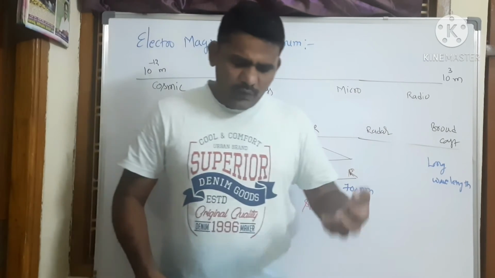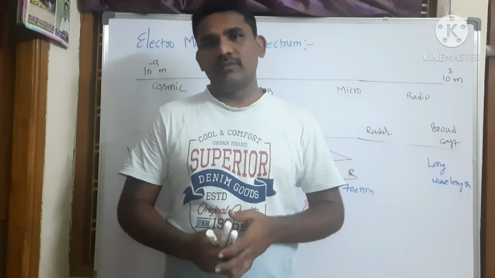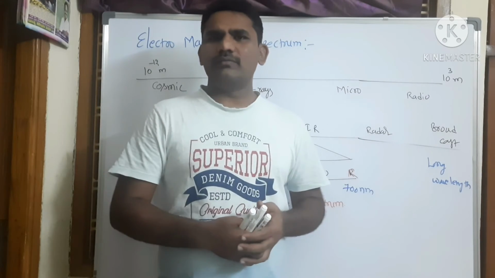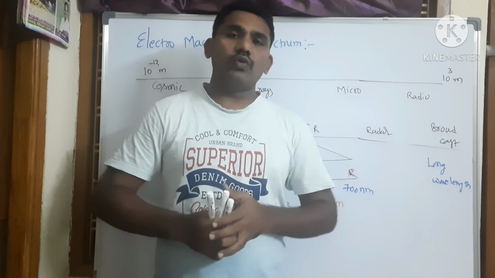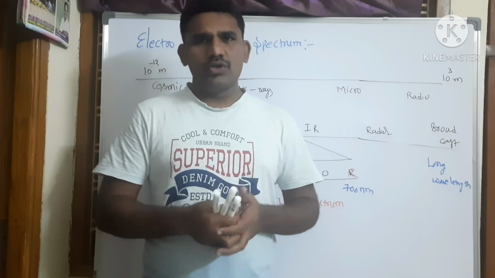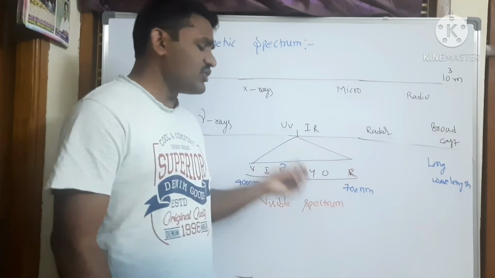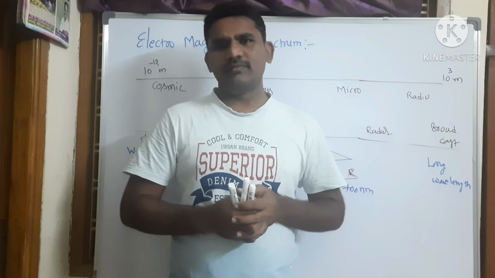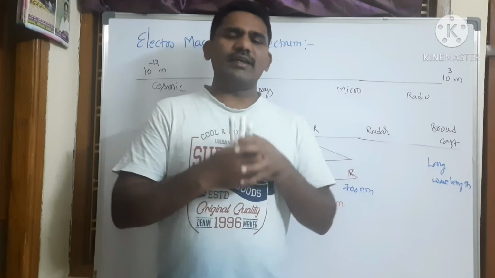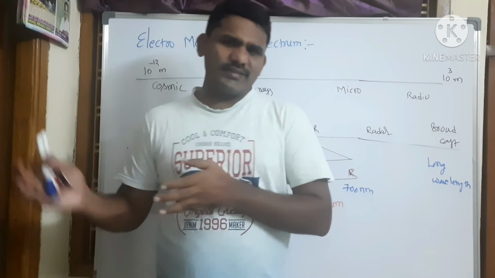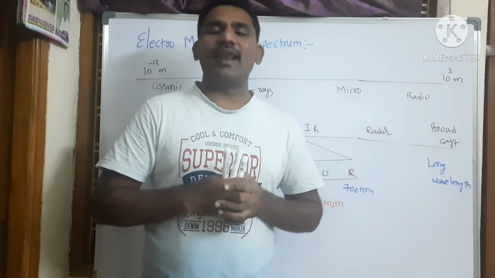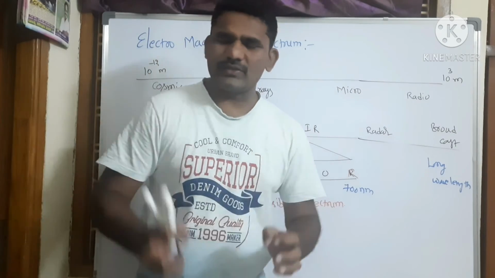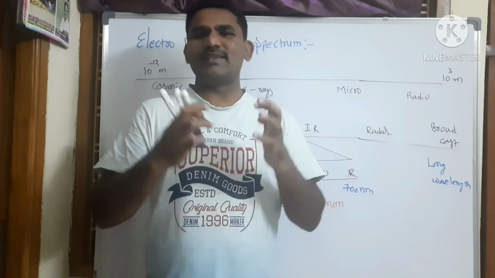That means when you go on heating it, does it have the same color? No. When you go on heating an iron rod, you will observe that there is a change in the colors, which clearly indicates that upon heating, it does not emit only a single color.